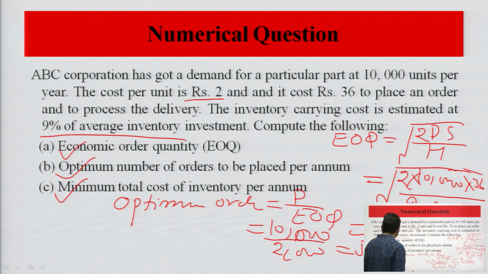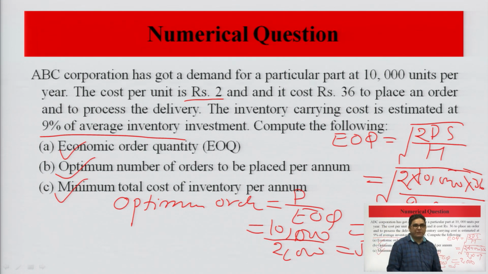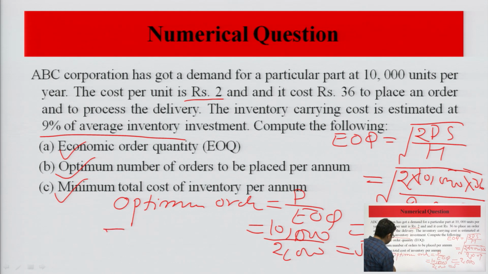Third, it asks for the minimum total cost of inventory per annum. The minimum cost of inventory can be calculated from the individual costs.